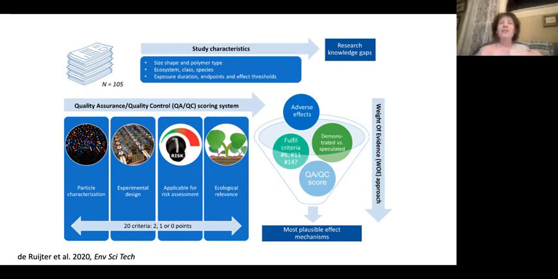And so there's definitely a sense of urgency to get to that stage where we can assess the potential risk of microplastics. So the more studies that are able to get this adequate QA/QC score, the better. So this de Ruyter paper that came out in Environmental Science and Technology in 2020 is definitely one to read before you design your next experiment.